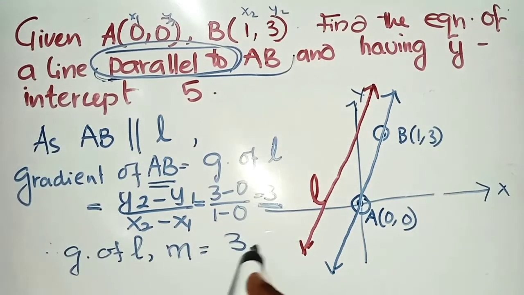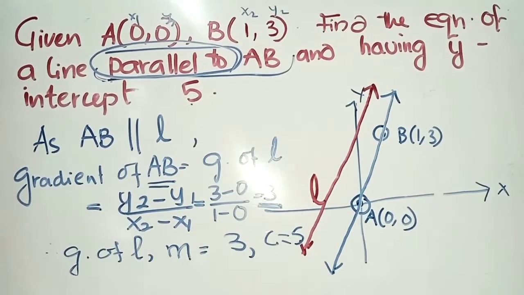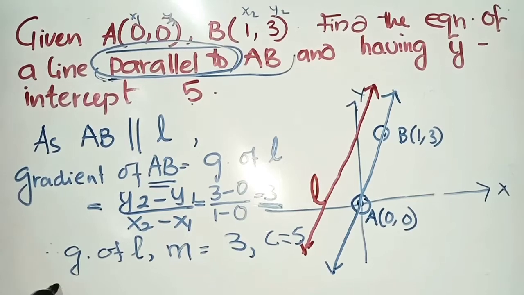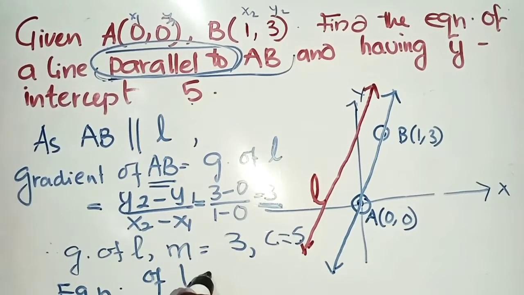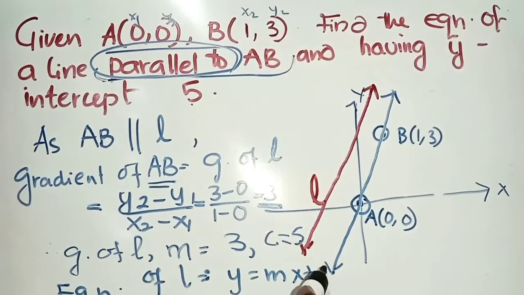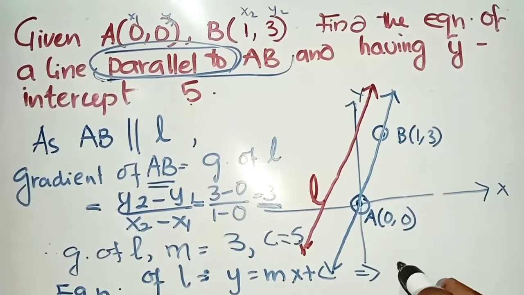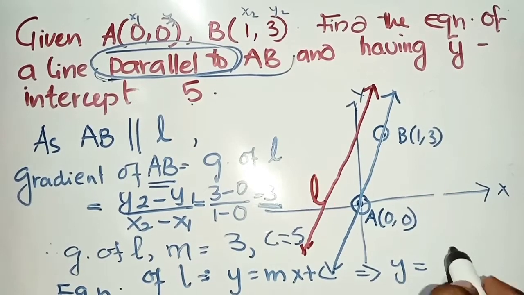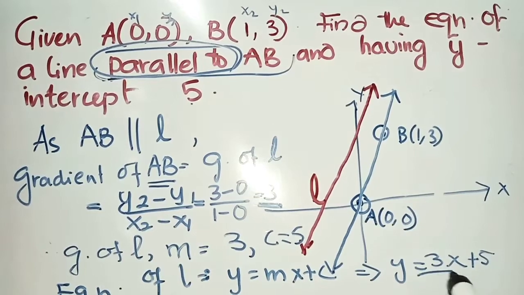And it has intercept c equal to 5. So the equation of L: what is the equation of L? y equals mx plus c. That implies y equals 3x plus 5 as the equation of L.